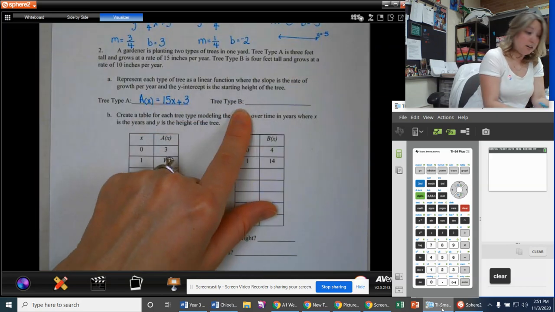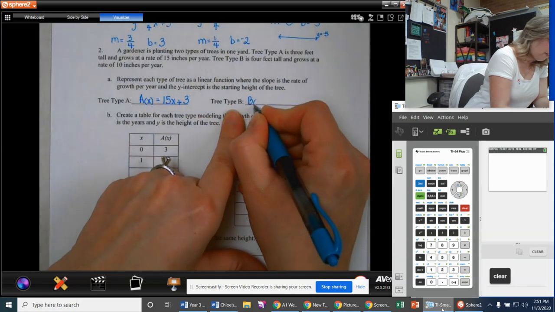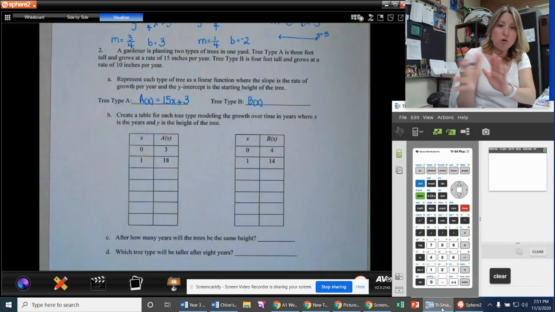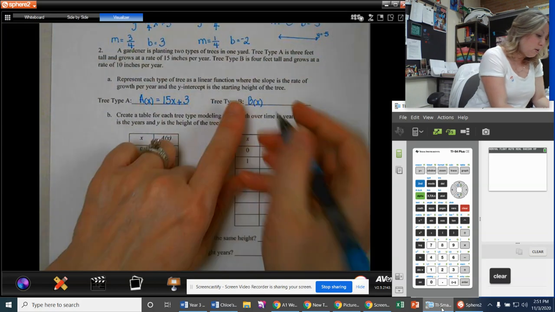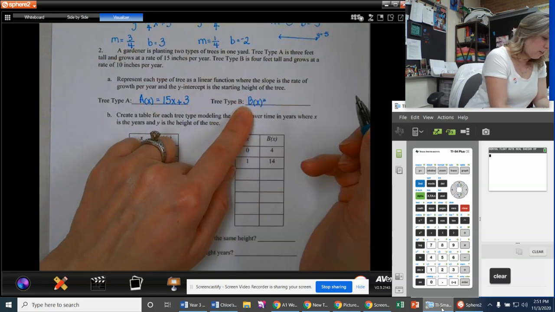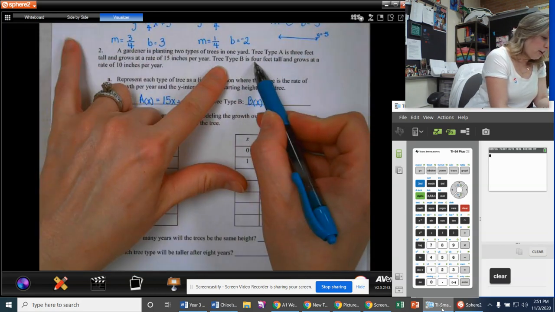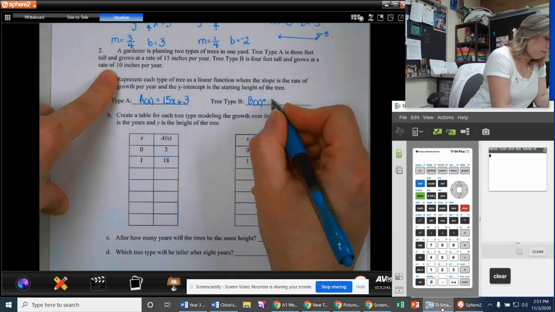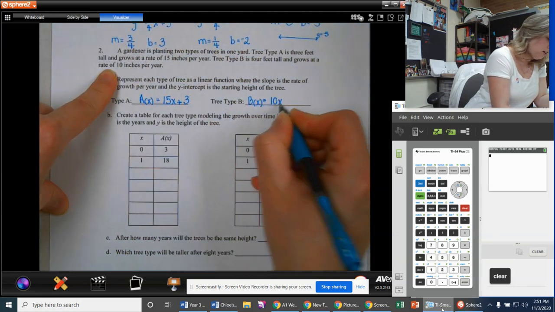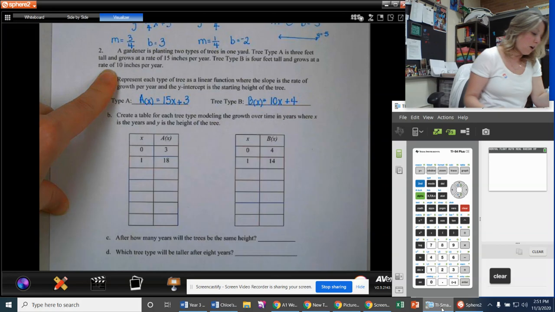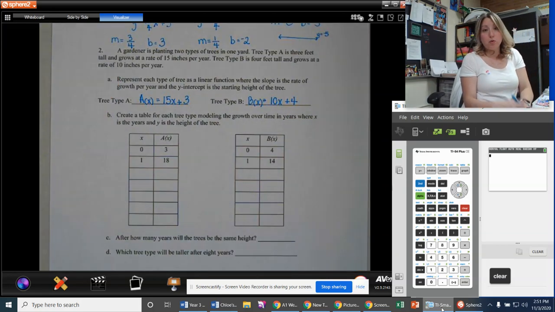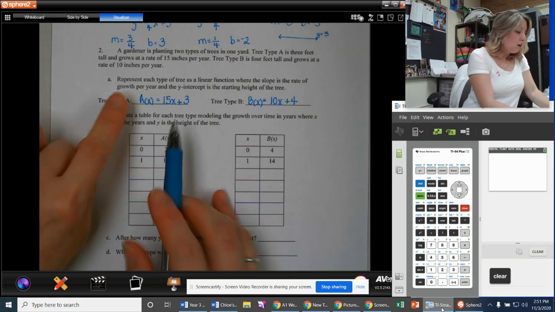Tree type B. Let's call it B of x to name the function so that I know which one I'm talking about. Tree type B is B of x. It was starting at 4 feet tall and grows at a rate of 10 inches per year. So 10x plus 4.